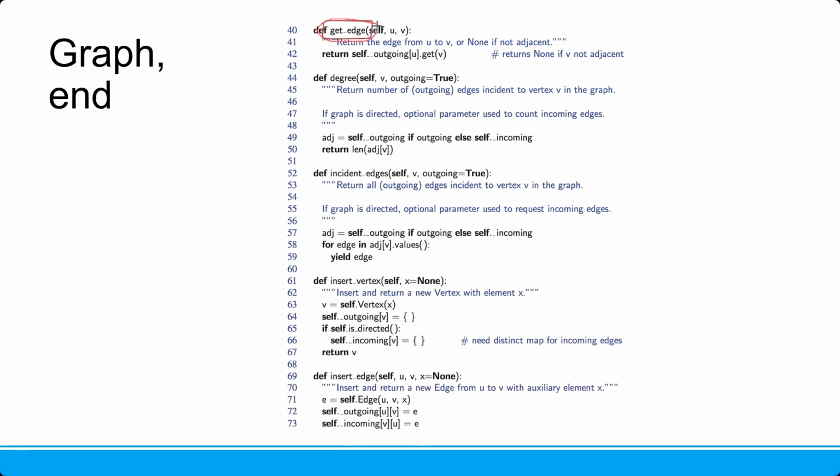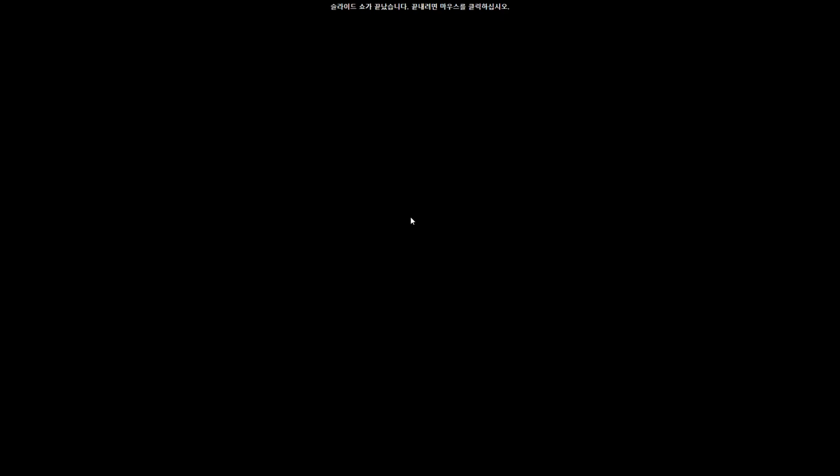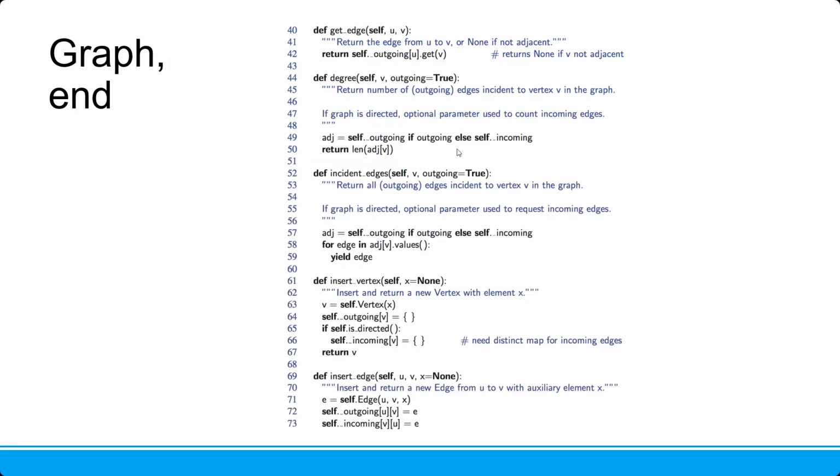We can get the degree. This is the degree of u comma v, and we can get the degree for outgoing true or false. We can get the incident edges. We can insert a vertex. We can insert an edge, and these are all the functions for the graph.